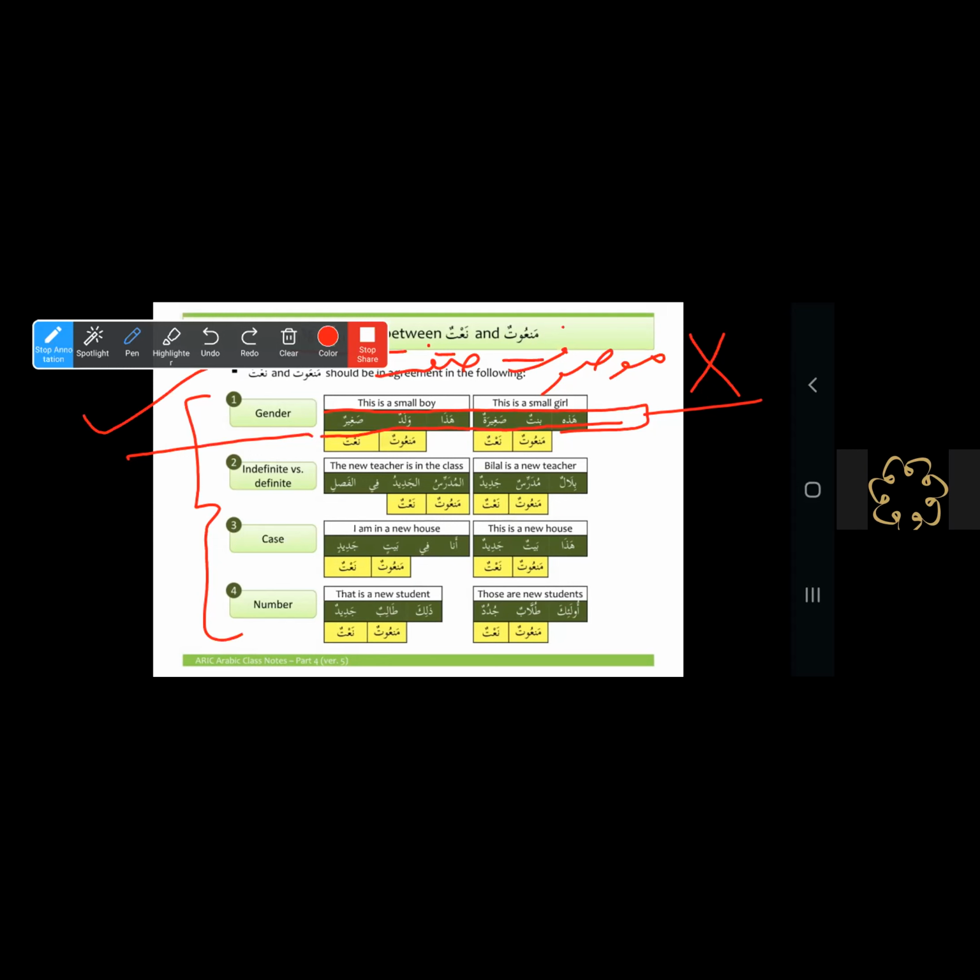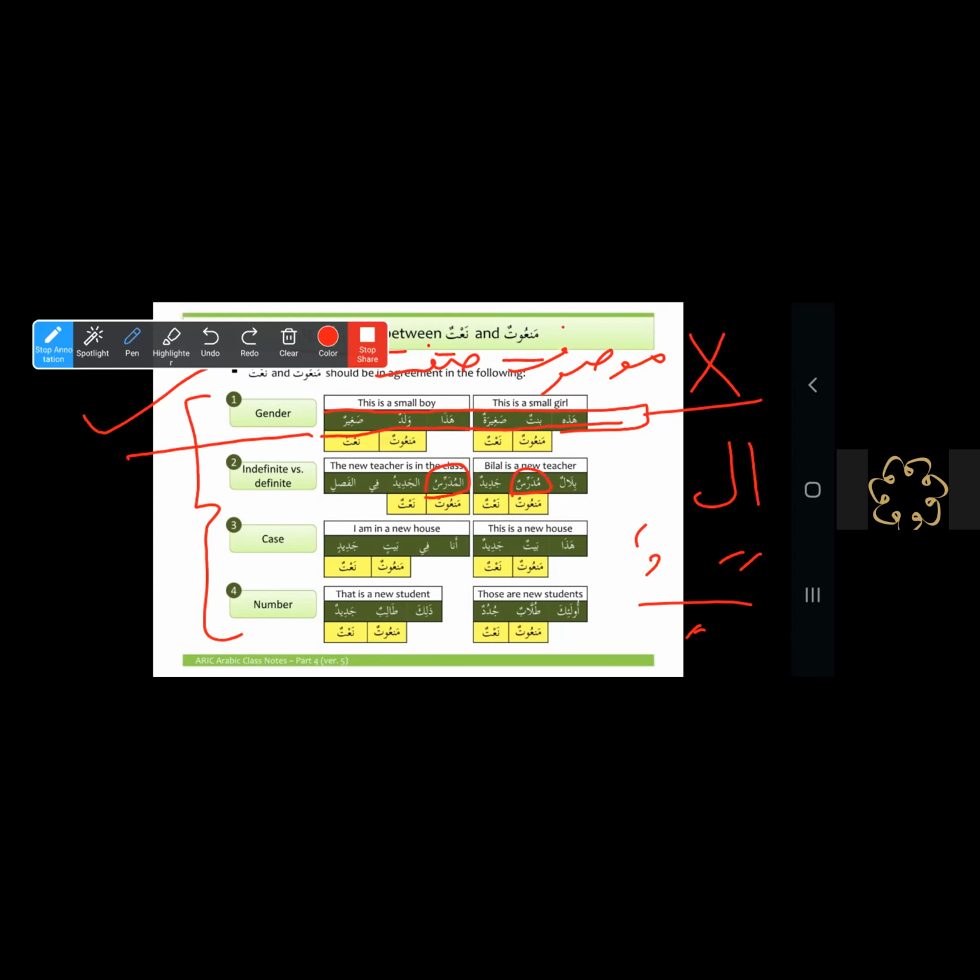Next is definite versus indefinite, what you say in Arabic معرفة ونكرة. ال or تنوين. تمام? So if the noun that you are explaining is معرفة, your adjective will also be معرفة. What is the meaning of معرفة? It means ألف واللام.